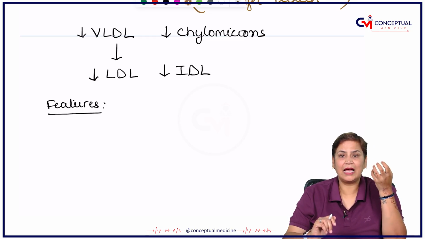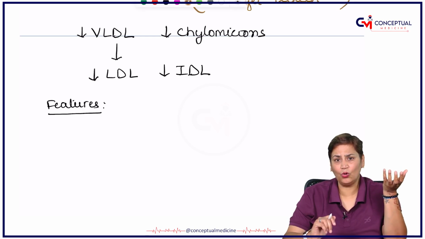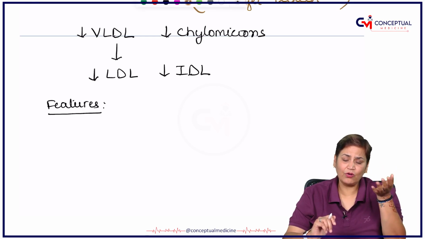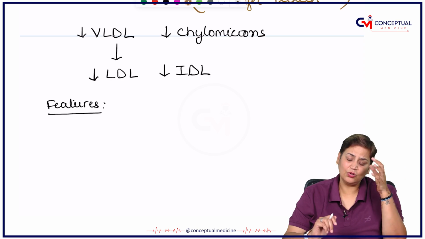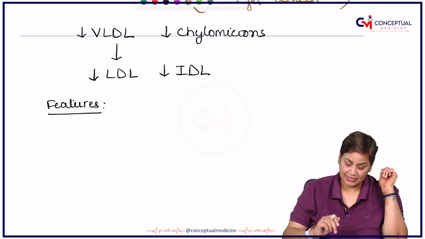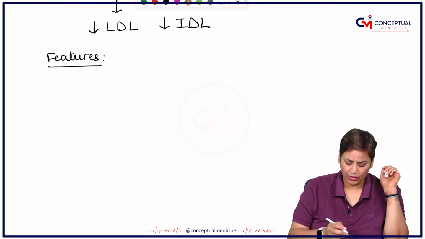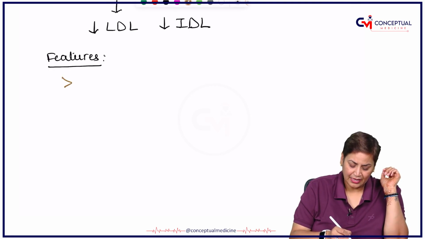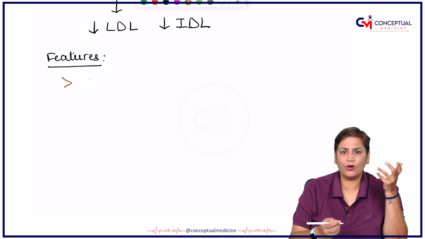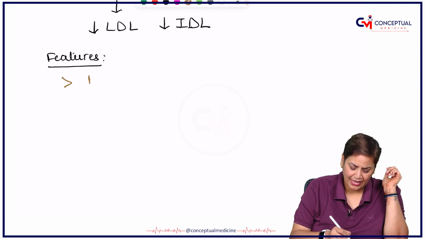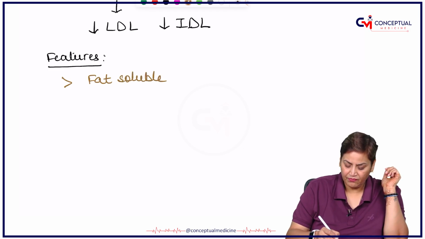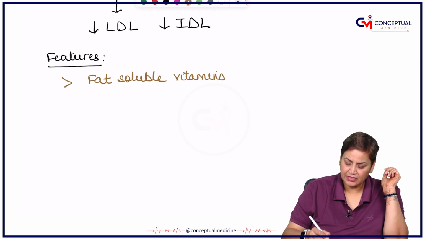When the chylomicrons themselves are low, the protein required for their transport is not there, so their concentration will also decrease. So the most important feature is that fat-soluble vitamin transport will be affected.